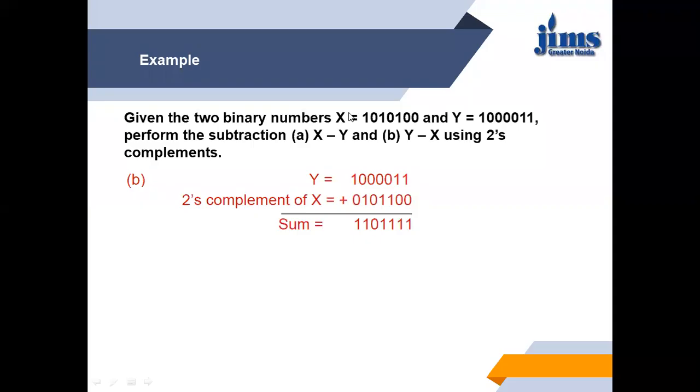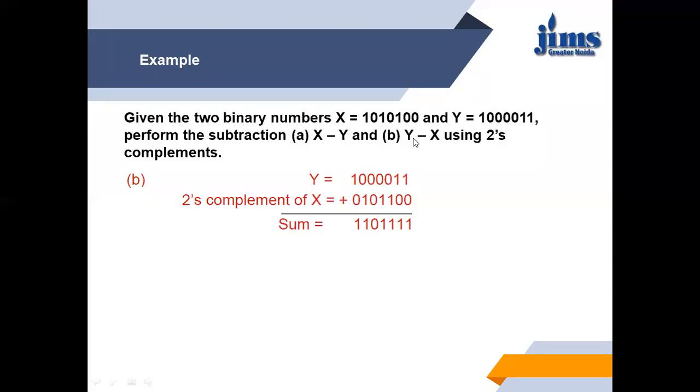So in this case, we have no carry. That is, if x and y both are of n bits, then the sum is again of n bits, that means there is no carry. In this case, when there is no carry, we again take 2's complement of the sum and put a negative sign, because when there is no carry, that means x is greater than y.